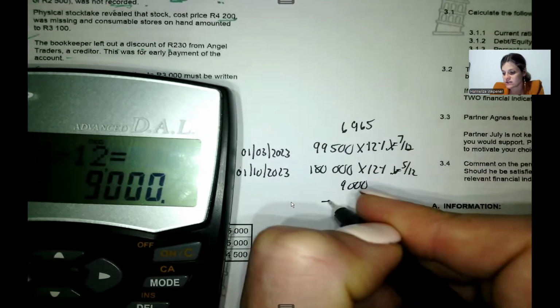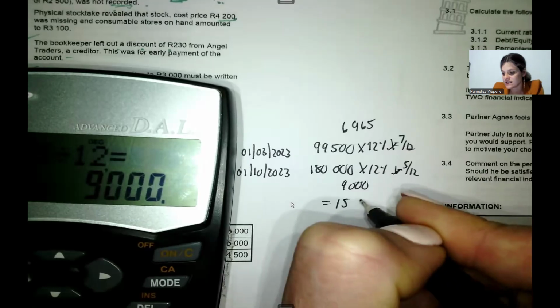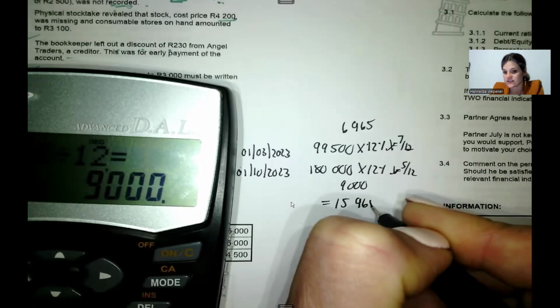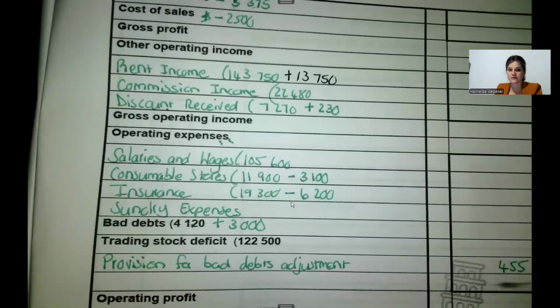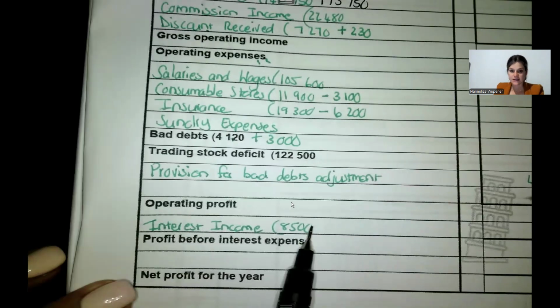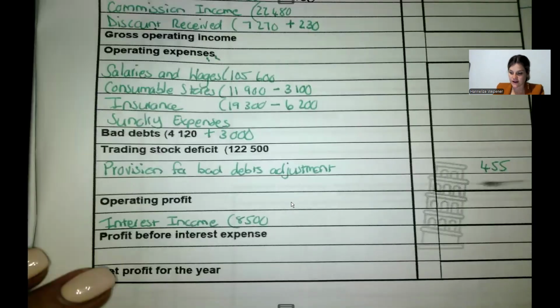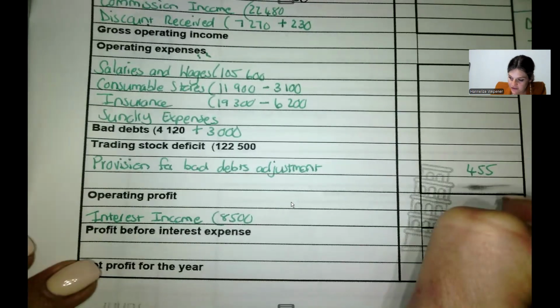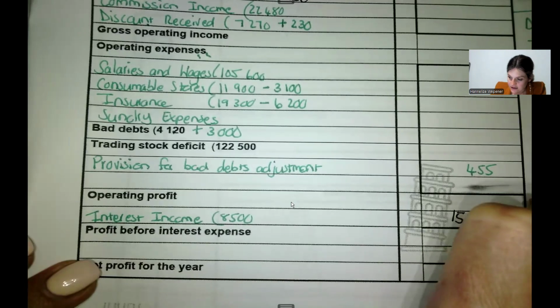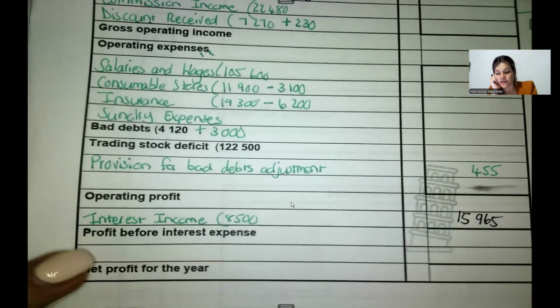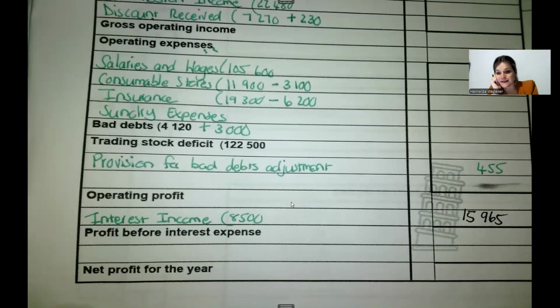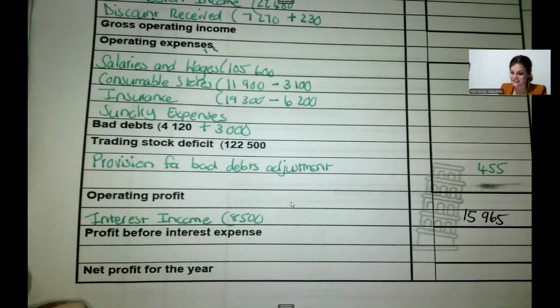Okay, so in total, you should have received 15,965 Rand. If we're looking at what we have in our interest income for now, it's only 8,500. So we have an accrued income here. The total interest income is 15,965.